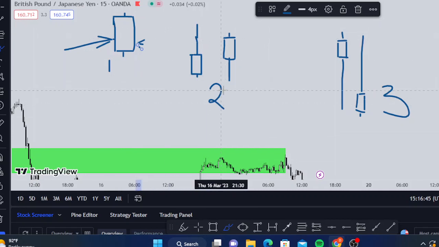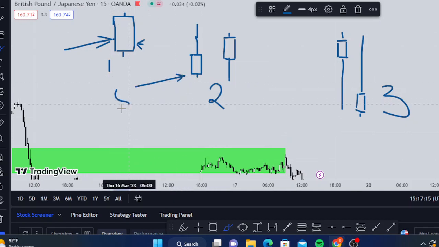Let's go to number two now. This number two candlestick has a longer body, you understand, and a longer wick. One of them has a longer wick, depending on where you are seeing it. If you are seeing it on support, like this one, it is mostly found on support, or demand.